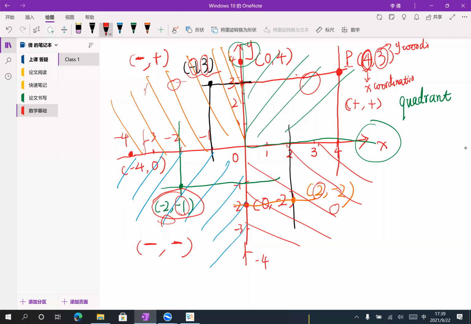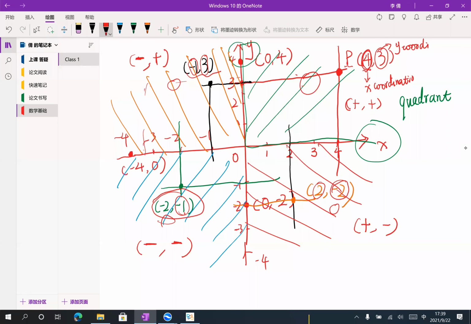So all the numbers in the fourth quadrant will be a positive number and a negative number, right? Yes, that's right. This is the four quadrants for this Cartesian coordinate.